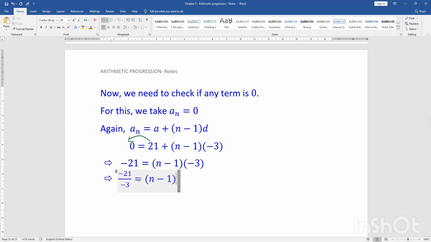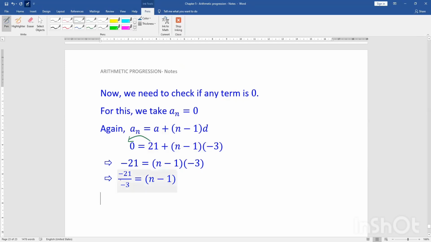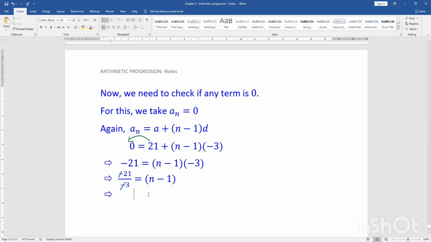Okay, and then what do we get here? Minus and minus get cancelled. Correct, children? So let us cancel that. Then after this, we are going to write, 3 ones are 3, 3 sevens are 21, correct?